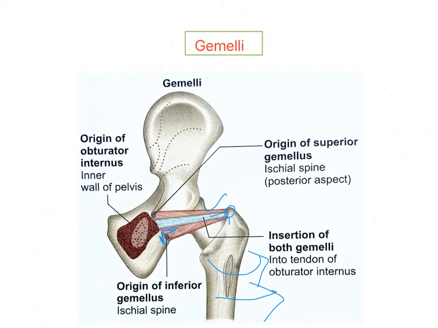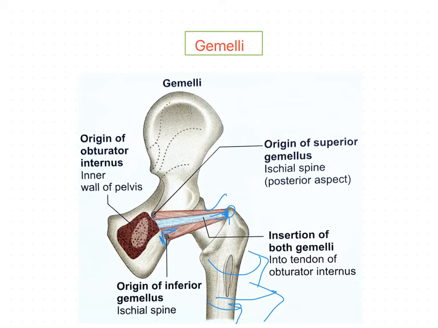Before insertion, the tendon runs laterally behind the hip joint to reach the medial surface of the greater trochanter of the femur. It also helps in the lateral rotation, and it is supplied by the nerve to obturator internus.